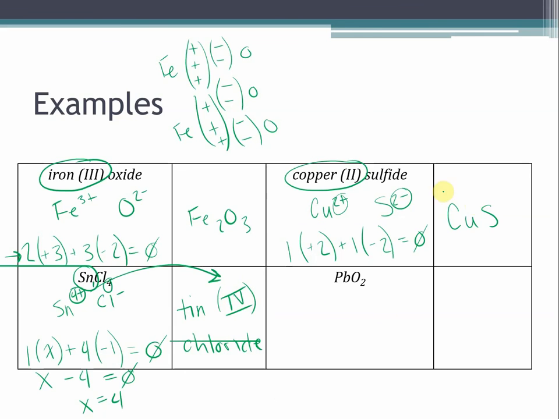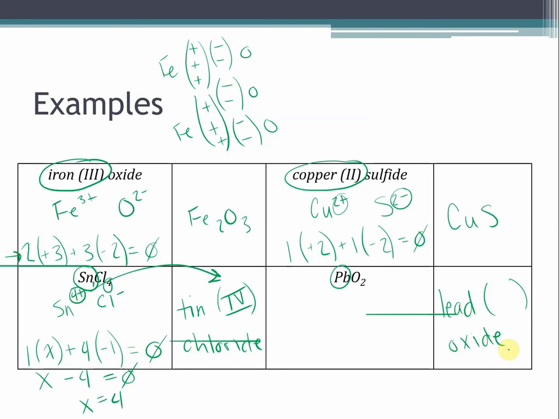All right, our next one here, same thing. We have lead, which is technically a representative element, but it's one of our representative elements that can have variable charge. So we know that this is going to be lead something oxide, but we don't know what the something is.